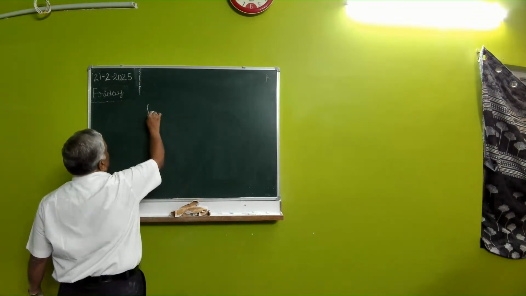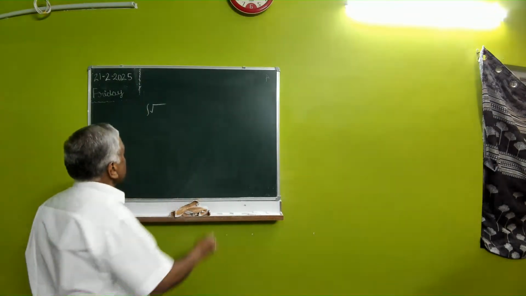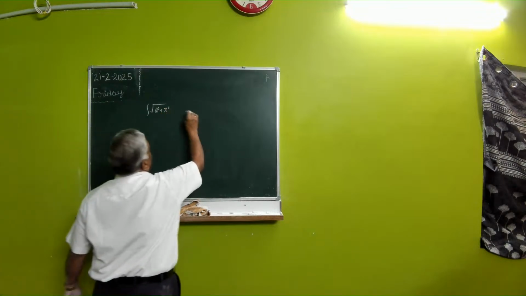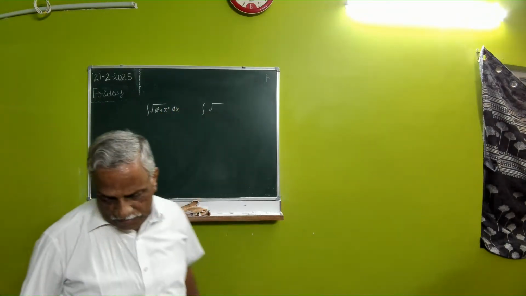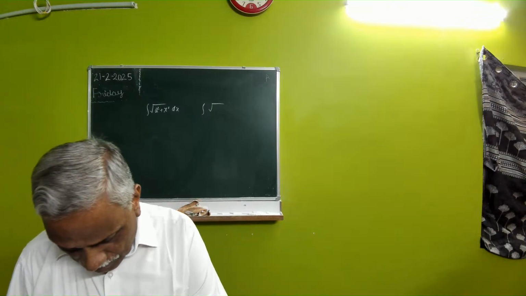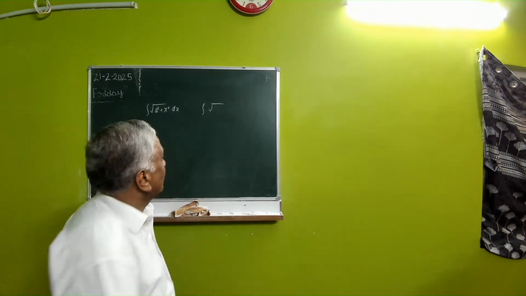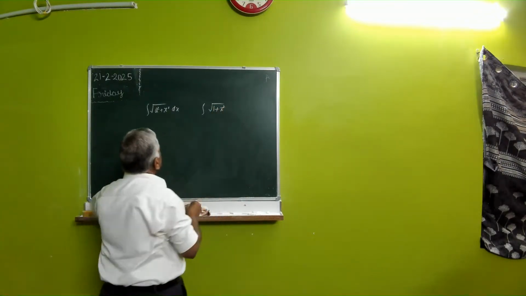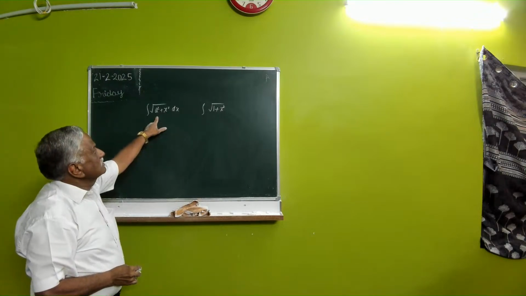They have given the problem root of a square plus x square, and evaluate root of one plus x square. Do you know the formula for this? What's the formula for this?